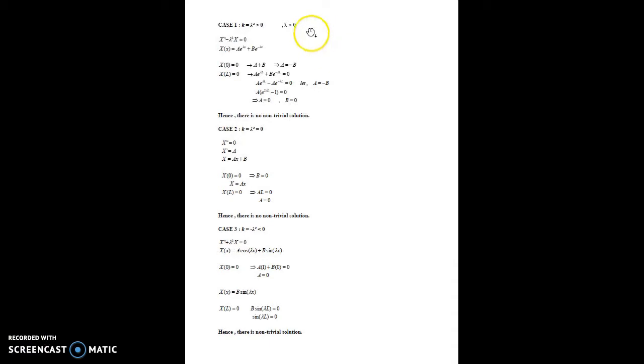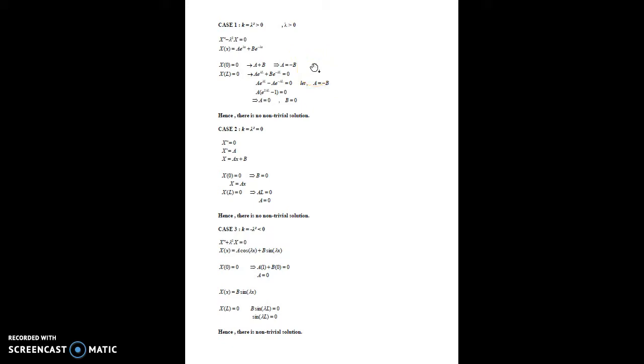For case 1, we let k equal lambda squared, more than 0, where lambda is more than 0, and we substitute k equals lambda squared into this equation and let it equal 0. Our X equation is a exponential kx plus b exponential negative kx.